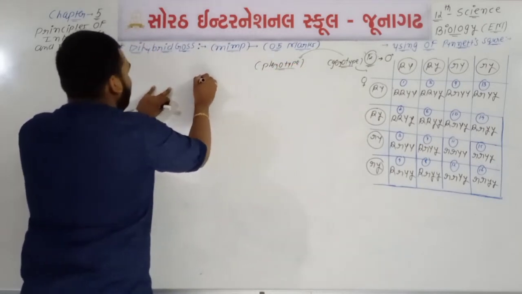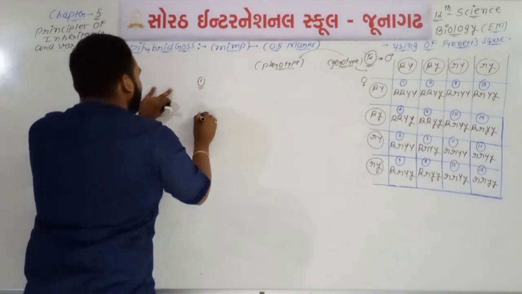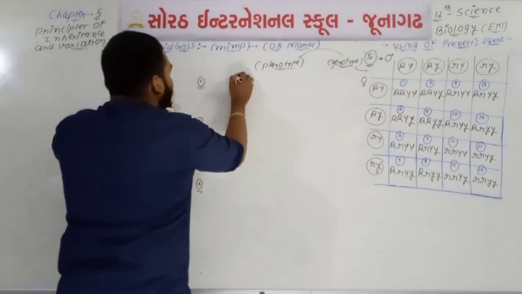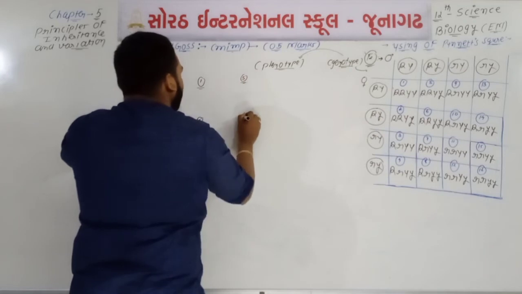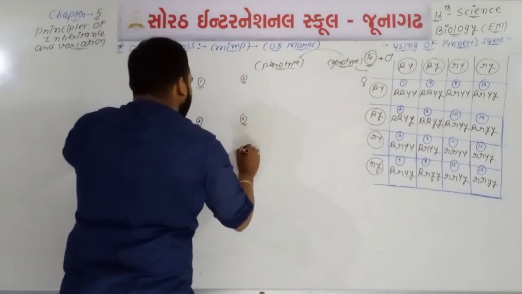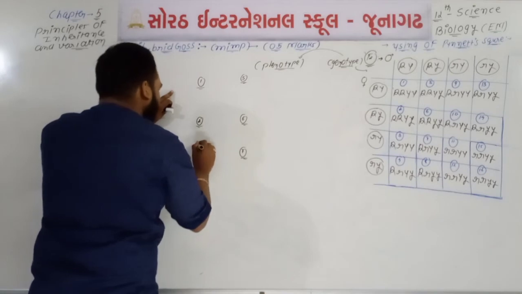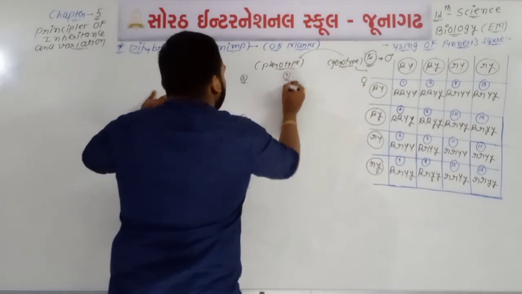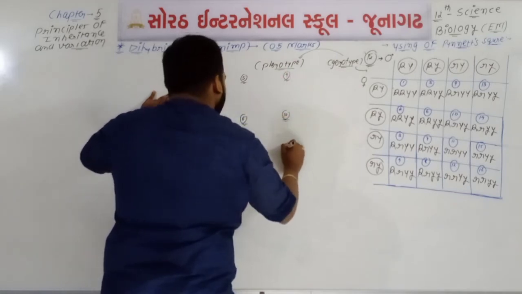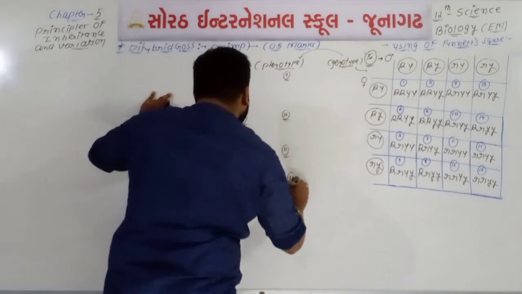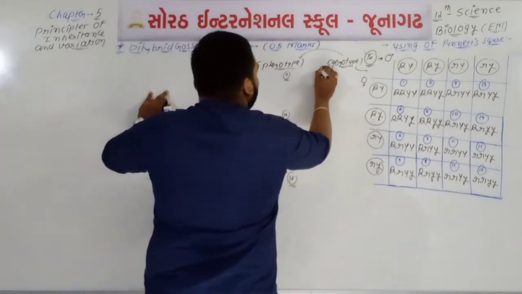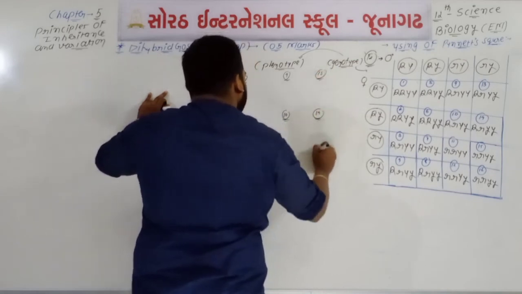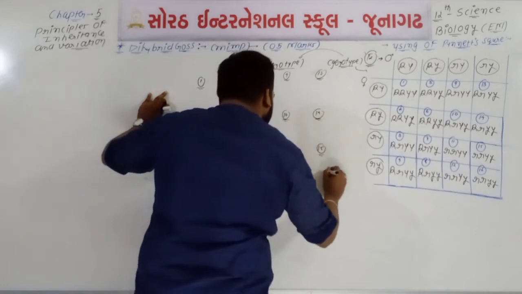Okay, so we can say that here 1, 2, 3, 4, 5, 6, 7, number 8, number 9, number 10, 11, 12, number 13, 14, 15, and number 16.